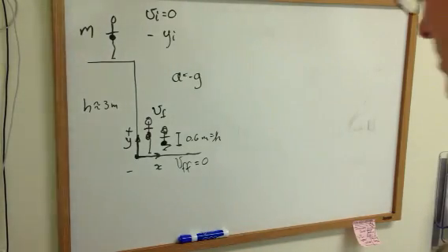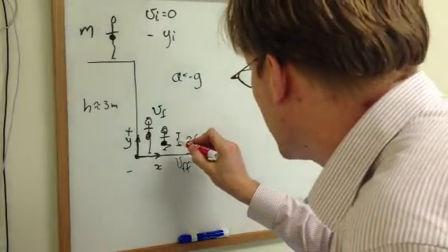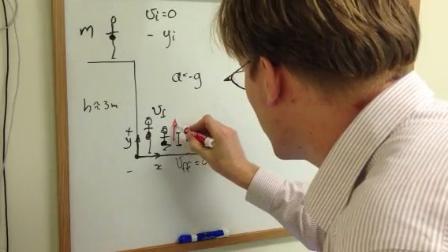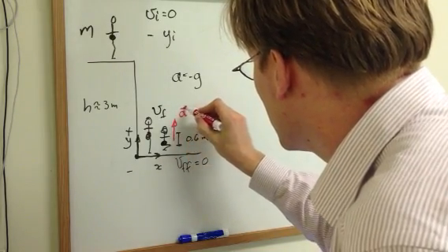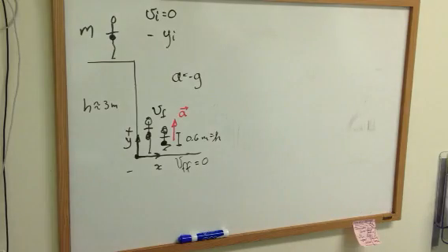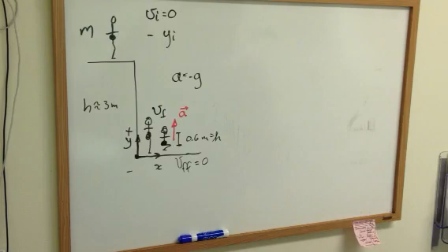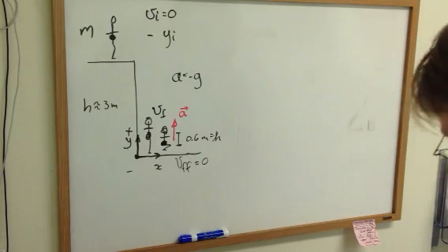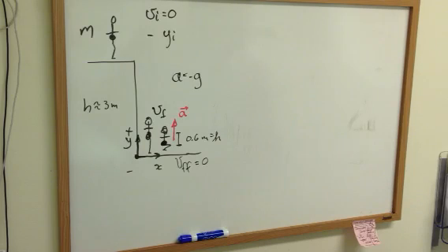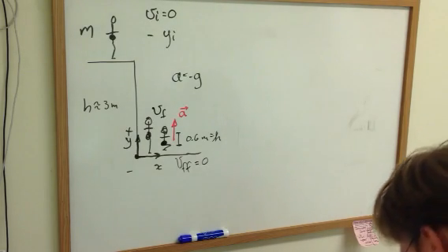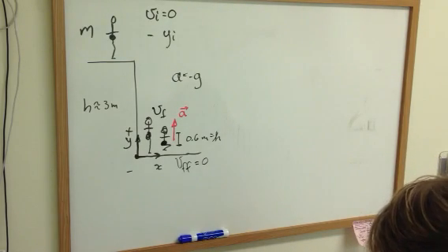So in the previous part, we calculated that he has an acceleration upwards. He had an initial velocity downwards. So now part D asks us to draw a free body diagram as he's slowing down.